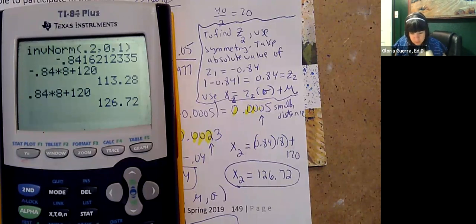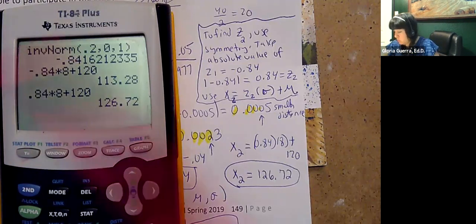Let's see if I can find it. It was 31A in the ebook. Let's look at 31A. That'd be the last one.